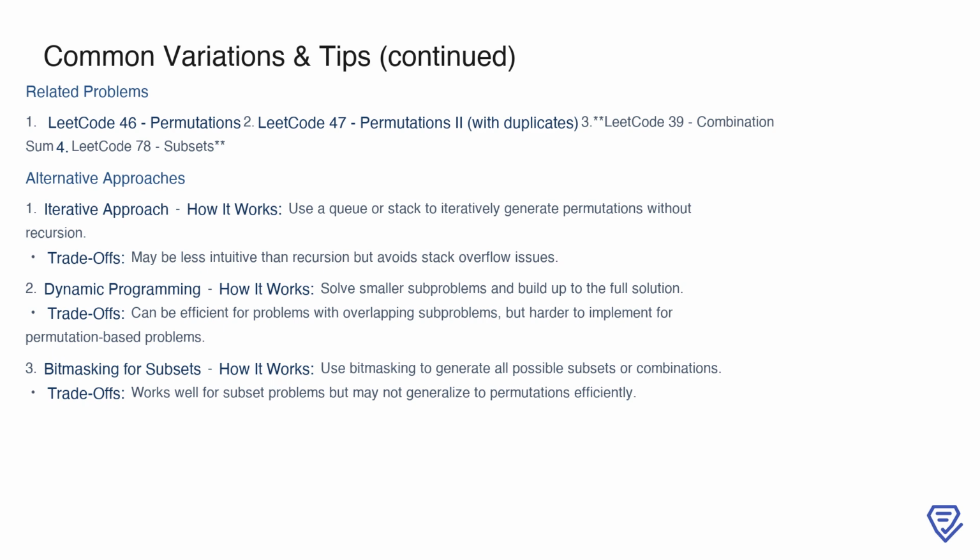Lastly, bitmasking can be a clever way to generate all possible subsets or combinations by treating each bit of an integer as a flag to include or exclude an element. While this technique is efficient for subset problems, it doesn't generalize as easily to permutations. Each of these approaches has its trade-offs, so understanding their strengths and limitations can help you choose the right tool for the problem at hand.